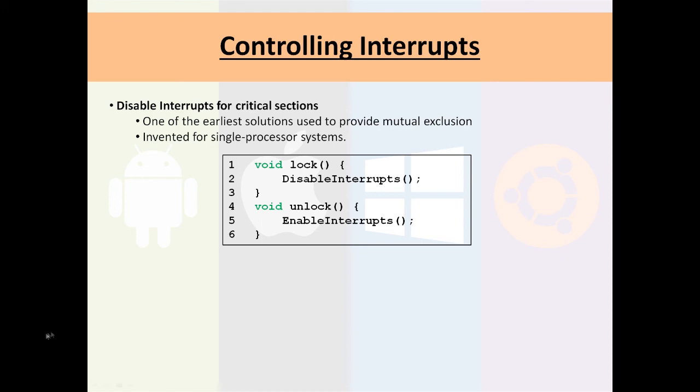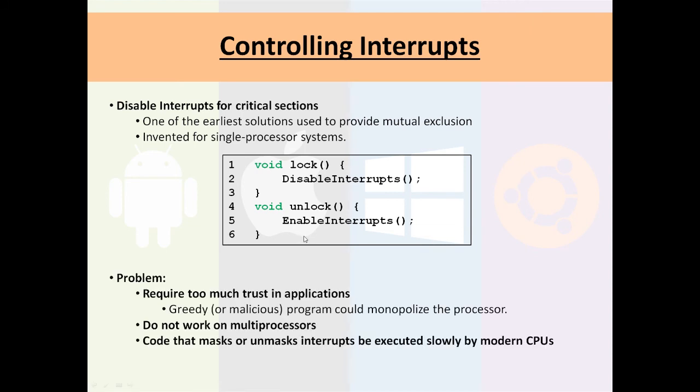So our lock function would just simply say disable interrupts, meaning that this current process could not be interrupted via some sort of input-output or a context switch in any sense. And then when you were done with the critical section, you would then unlock and enable interrupts. This kind of makes sense, and this would occur after your critical section.